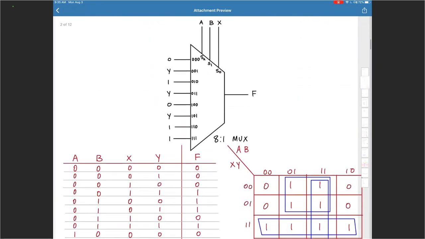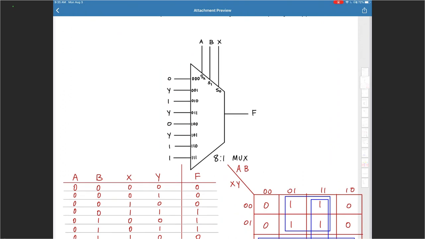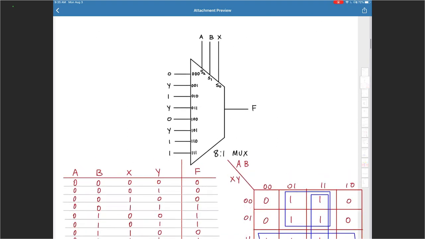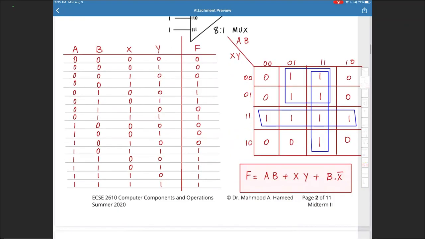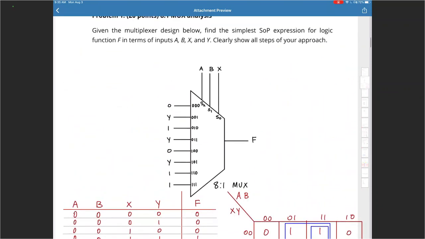Right there. The first problem on your previous exam was that. And that's the equation that you guys got for the simplest SOP. So the first problem on the previous exam with the select lines as A, B, X and the inputs being either 0 or 1 or Y and your output is F.